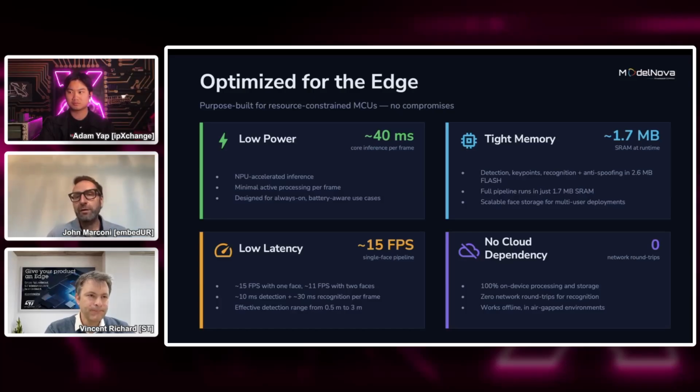Finally, I mentioned that you can do registration remotely or on device. There's zero cloud dependency on any of this. You don't need any other processing offline. All the registration, the learning of the faces, and the recognition is all done on the N6 itself. That's one of the keys for privacy and security applications.